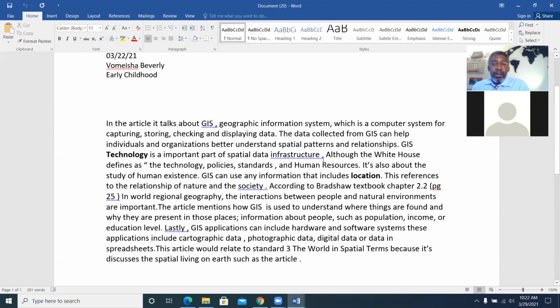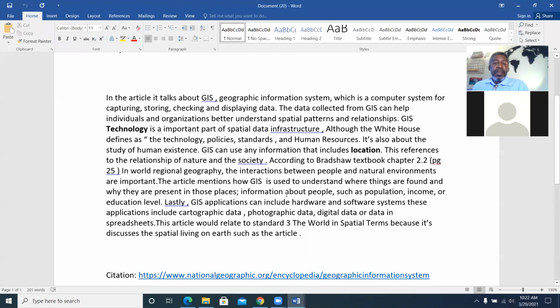She summarized the article. Good summary of the article, clearly. Good textbook, chapter 2.2, page 25. And then she explains why the article is most closely related to Standard 3, the world in spatial terms.